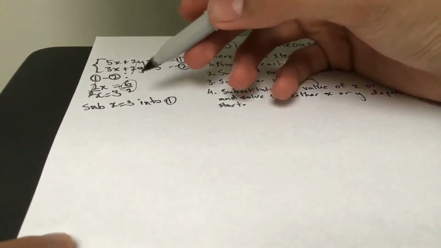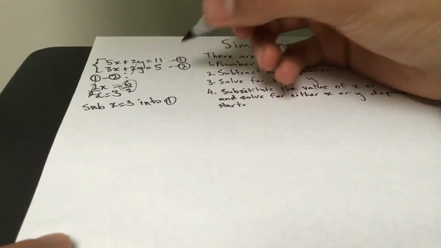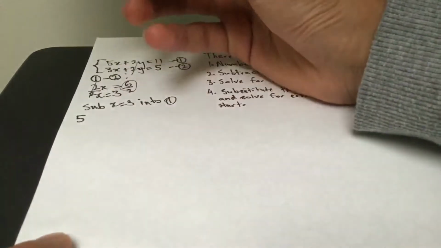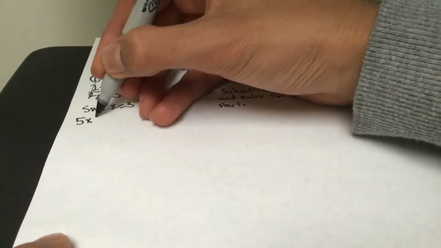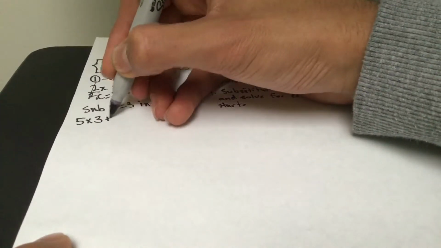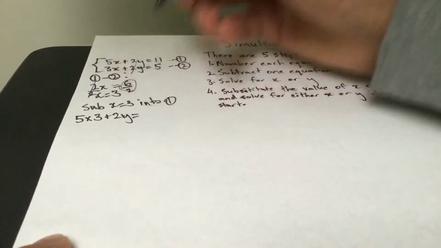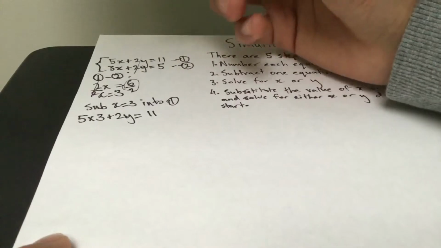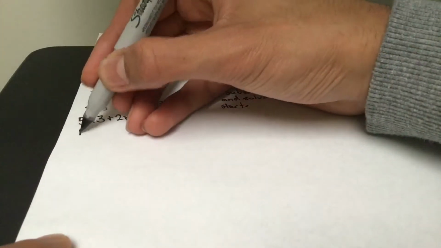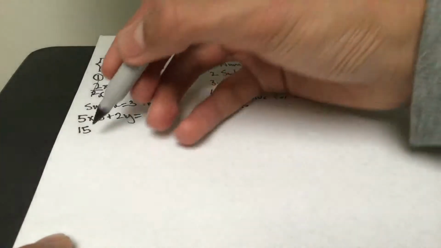So when we sub x equals 3 into 1, we get 5 times 3 plus 2y equals 11. So 5 times 3 is 15, and then plus 2y equals 11.